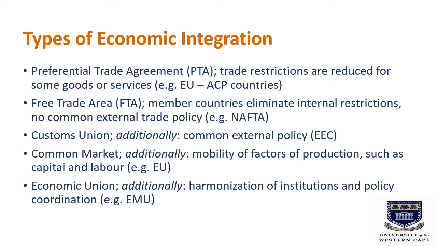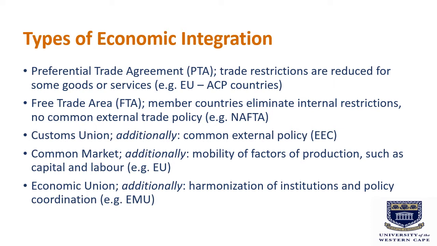And then we have a common market, which is everything a customs union is, but it also looks at the idea of factors of production. Here we are allowing factors of production to move between countries that are members. So labor can move between the countries and capital can move between the countries.